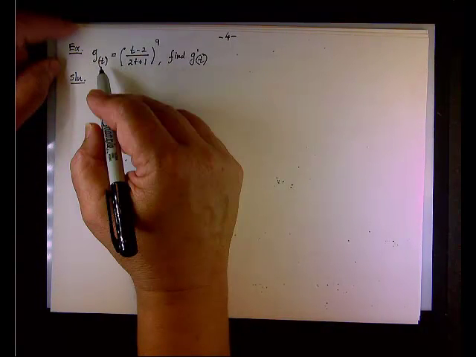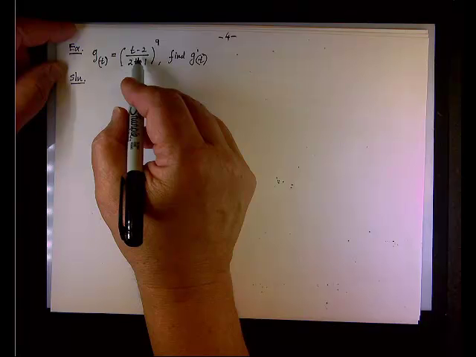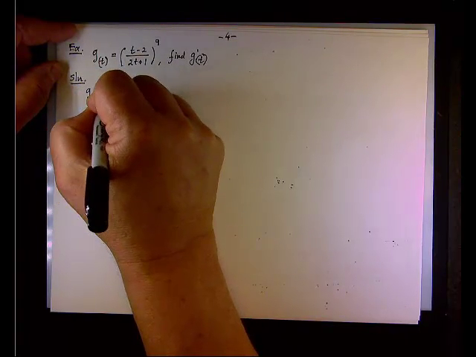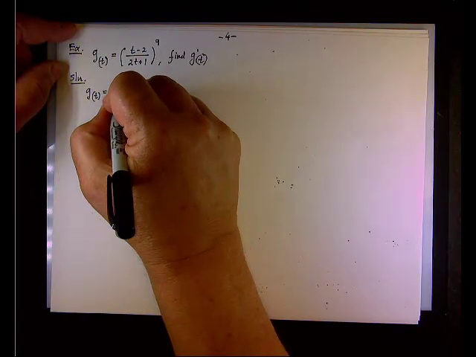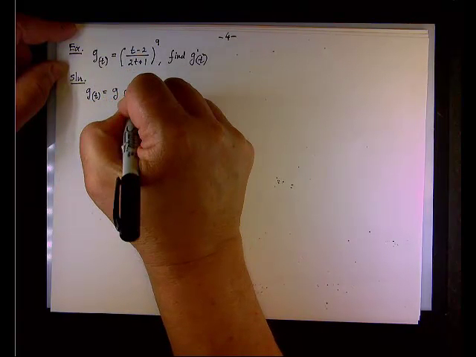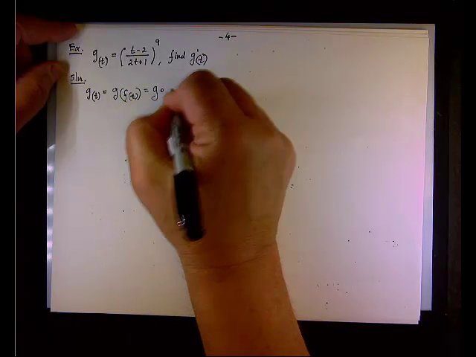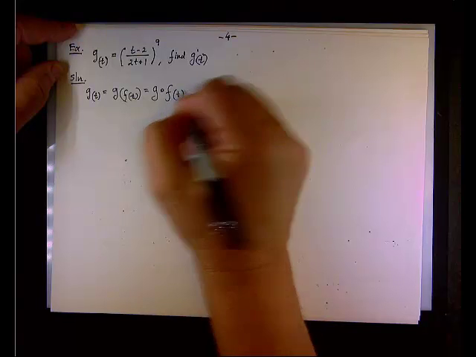We actually can use g and f, right? We can say that g of t, let's do g of f. It would be g of f of t, or g composition f of t, like so.